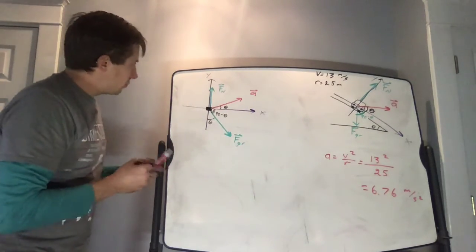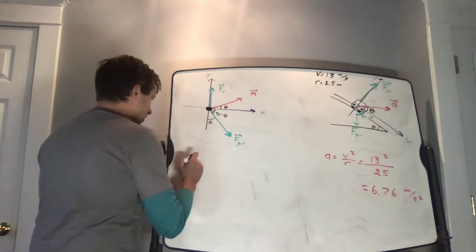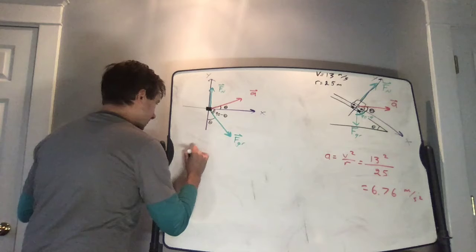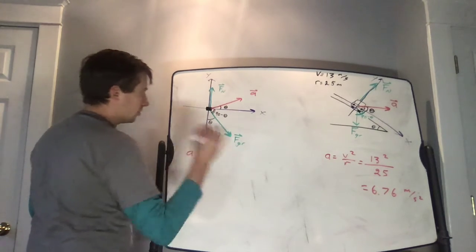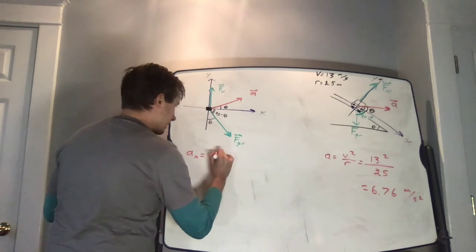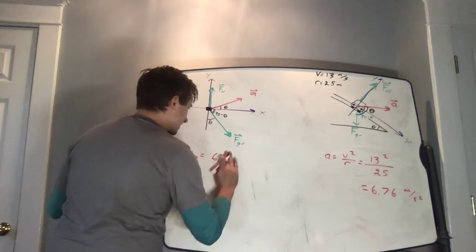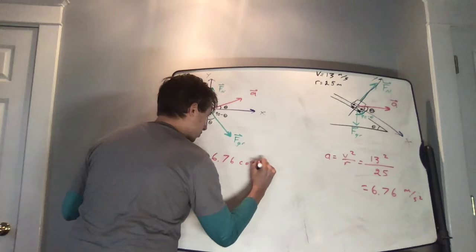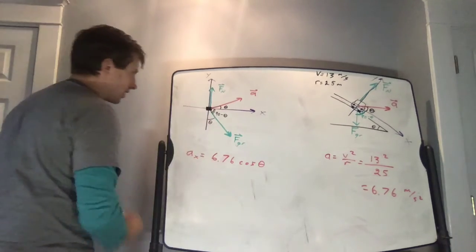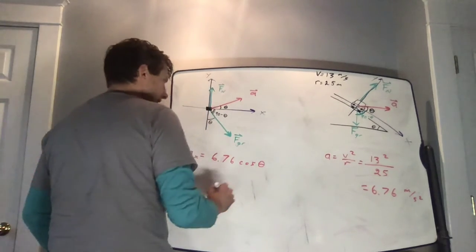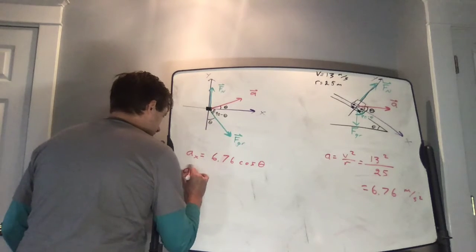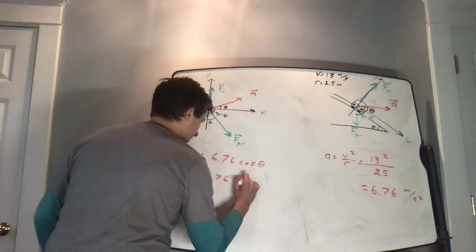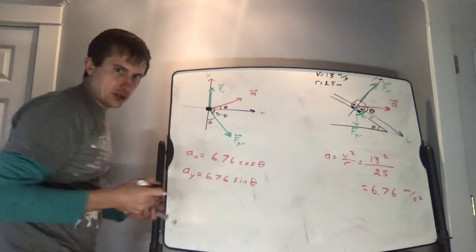So if I wanted to, I could write the acceleration of the vehicle equals 6.76 cos theta in the x direction, and acceleration of the vehicle in the y direction will be 6.76 sine theta in the y direction.